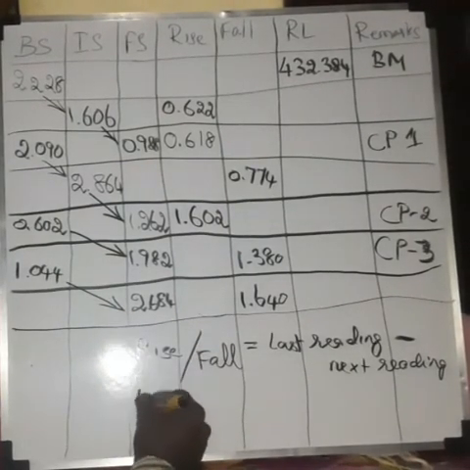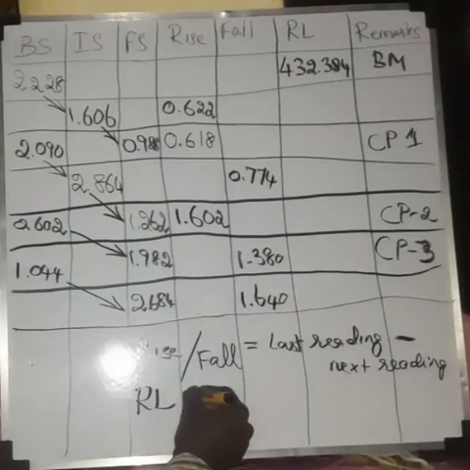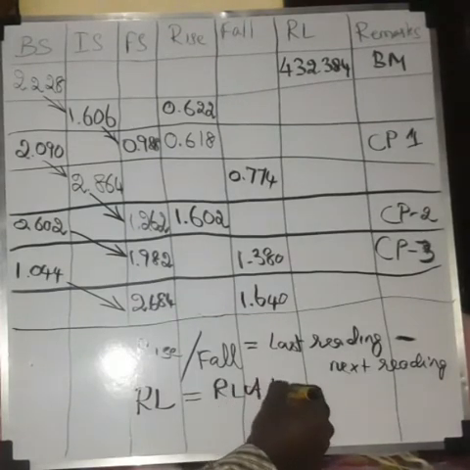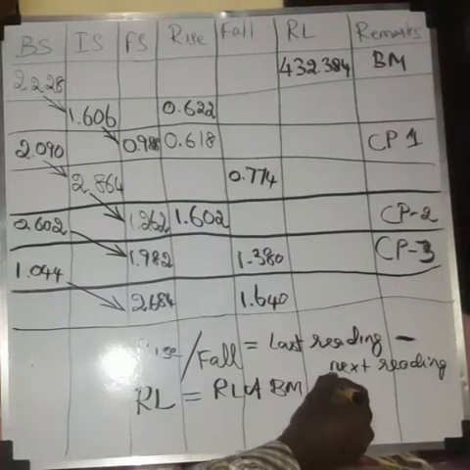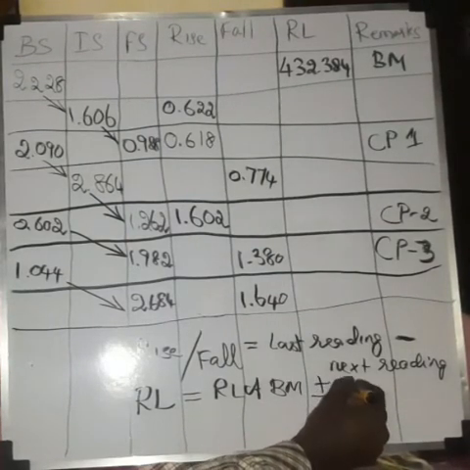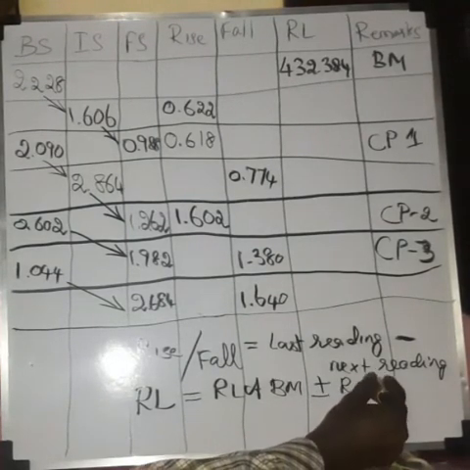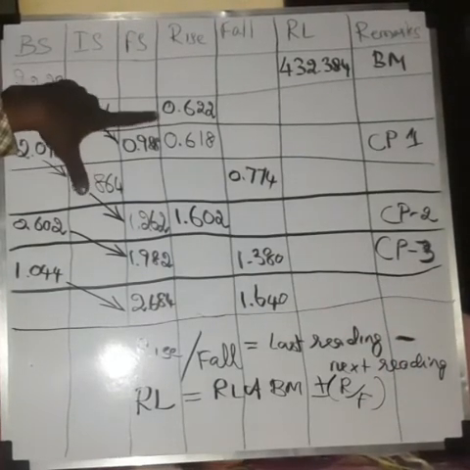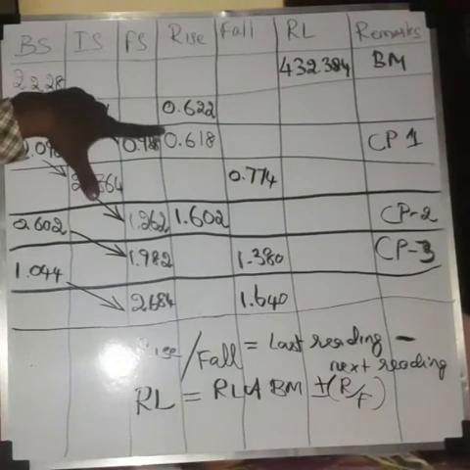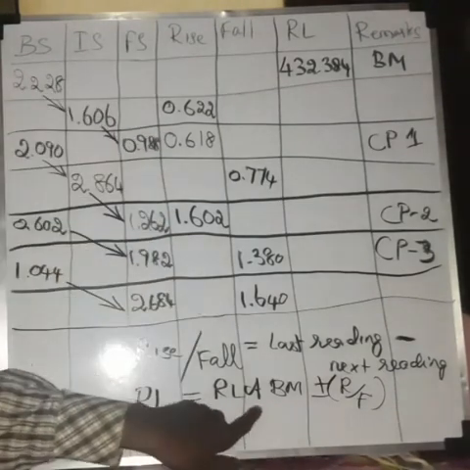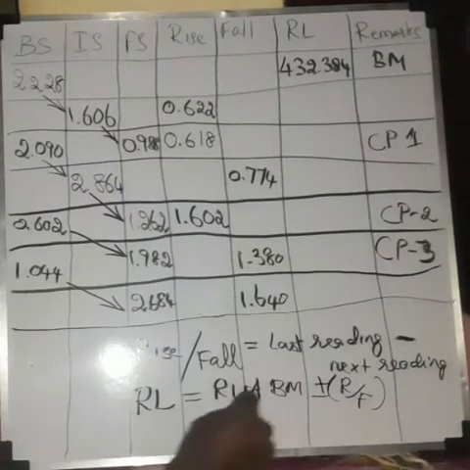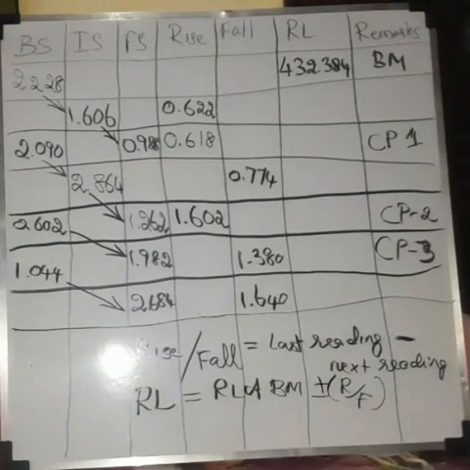RL of object equals RL of benchmark plus or minus rise or fall. If the value lies in the rise column, we add it to the benchmark. If the value is fall, we subtract it from the benchmark.